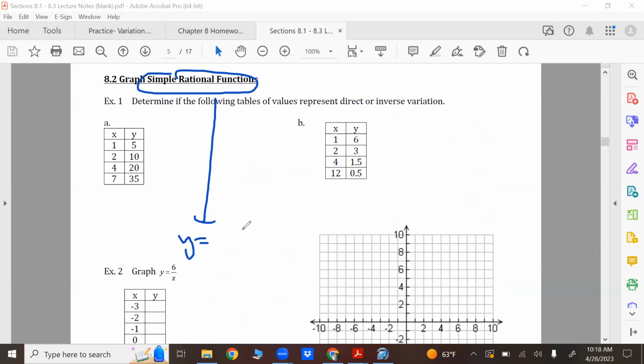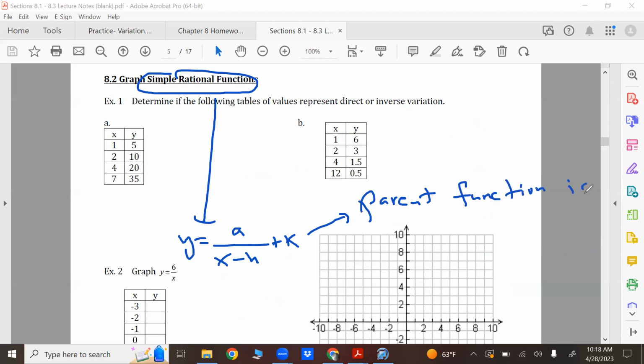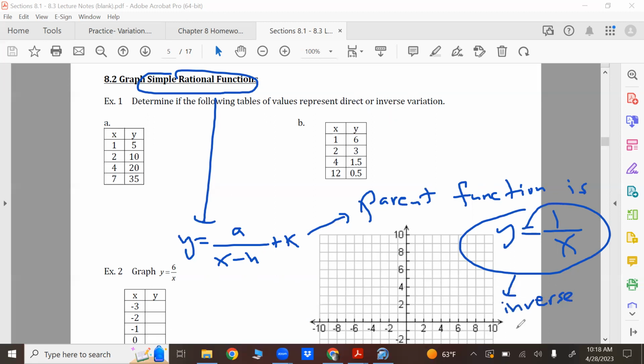Y equals A over X minus H plus K. And the parent function is Y equals 1 over X, which is inverse variation.